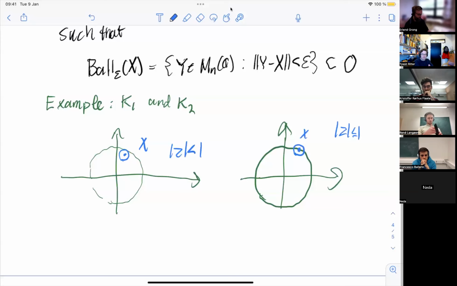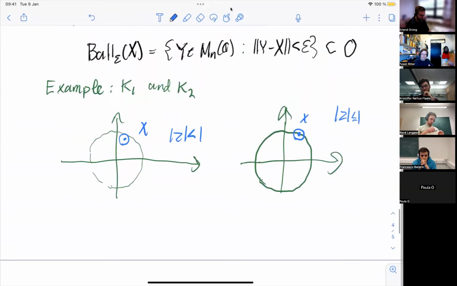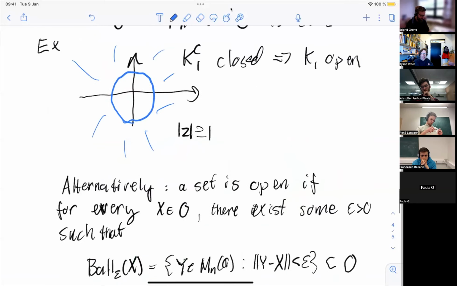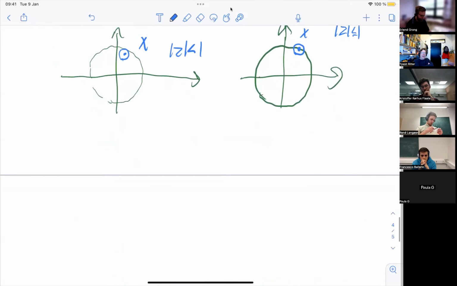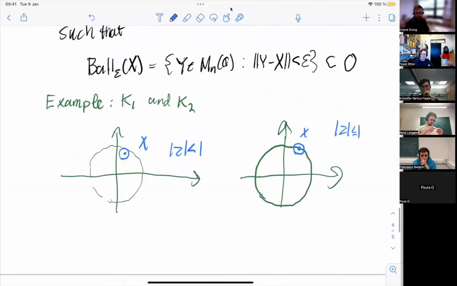Now, I don't want to imply that all sets are either open or closed, because they're not. Some sets are neither open nor closed, but it's true that we have this relationship that if one is open, then its complement is closed. So why are we doing this thing about open and closed?